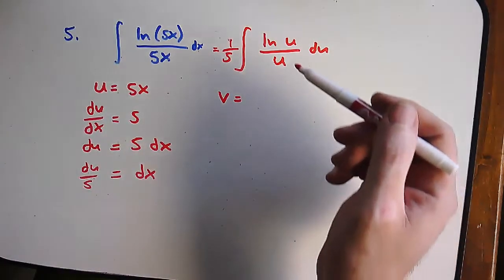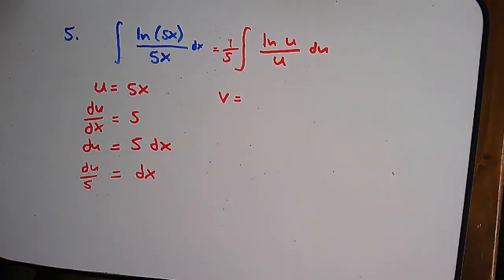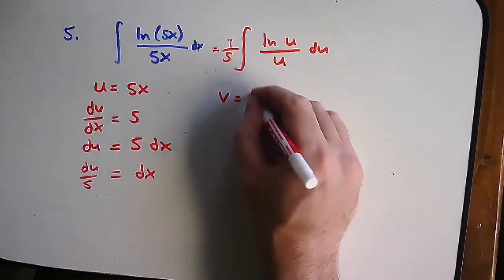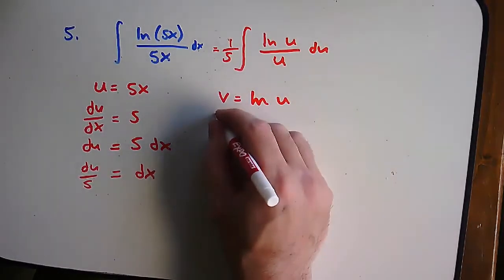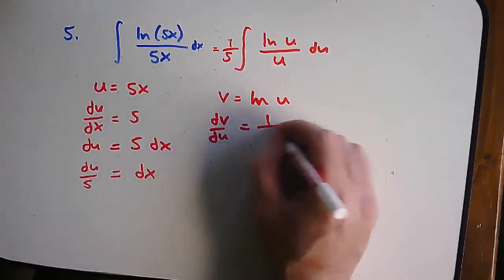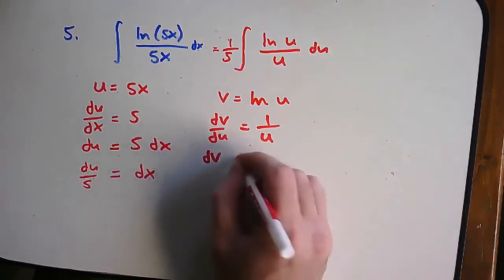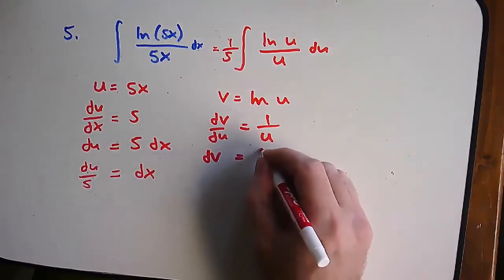If v is natural log u, we know that the derivative of the natural log function is 1 over u, and that's exactly what I have here. So if v equals ln u, then dv du would be 1 over u, and dv would just be du over u.